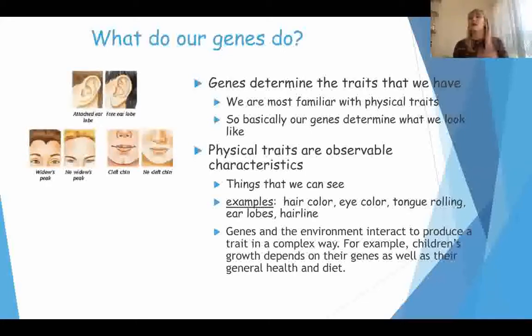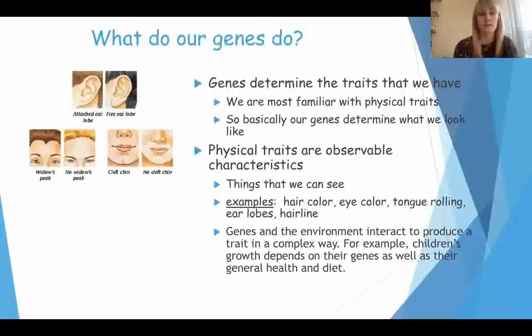Genes and the environment act together to produce a trait in a very complex way that we're not going to go too deep into now, but you need to know that, for example, your genes determine your growth, but if you don't eat healthy or you don't exercise or look after yourself, you aren't going to grow optimally, even though you have a good gene for growing very tall, for example.